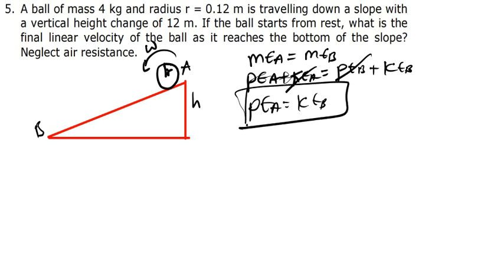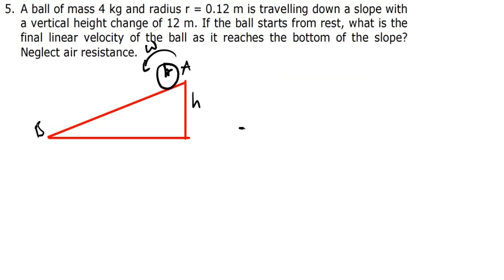This is the concept under work, energy, and power. But in this case, we're talking about rotational work, energy, and momentum. What I want you to understand is very simple and straightforward. As the ball is moving from point A to point B, we have velocity, so we expect to have kinetic energy.